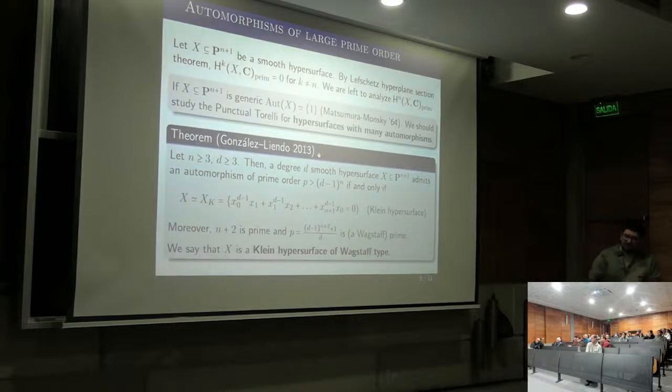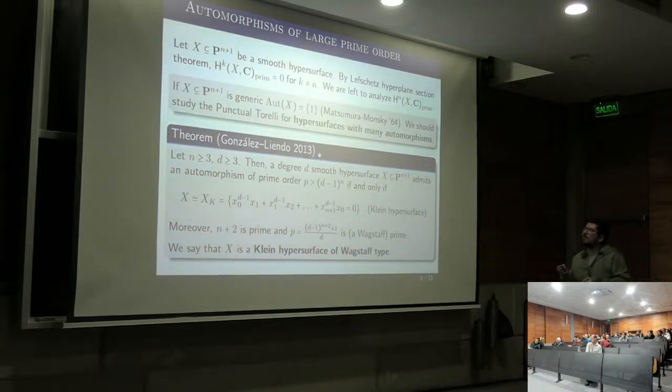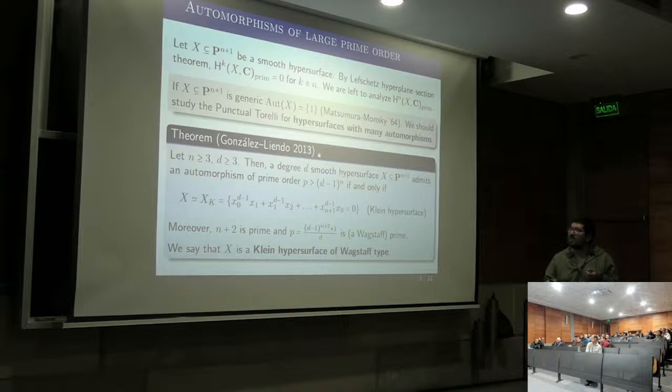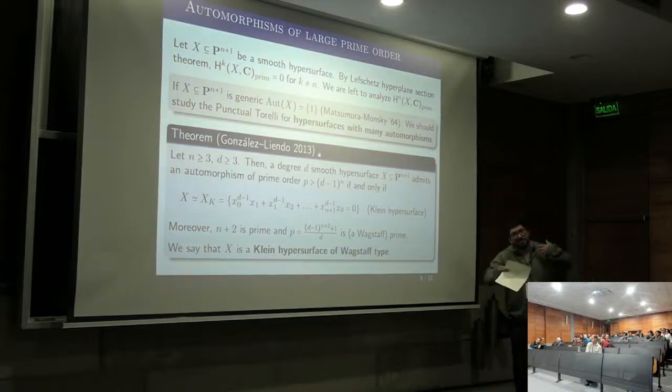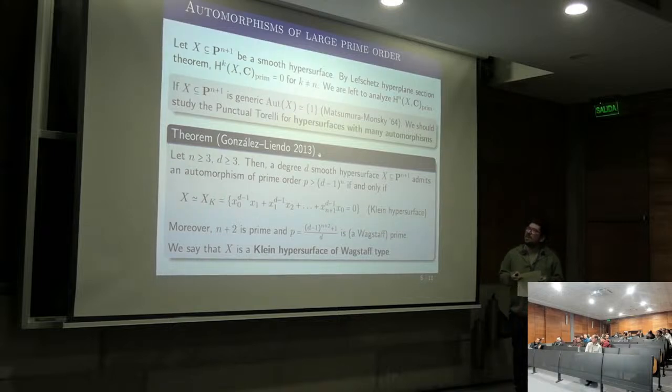On one hand we have this, and on the other hand we know, by a very classical result by Matsumura and Monsky, that if you pick a random hypersurface in the moduli space, the automorphism group is trivial. So, if you want to produce a counterexample of the pointwise Torelli theorem, essentially you should try to look at hypersurfaces with many symmetries, because probably over there you can try to get a counterexample.